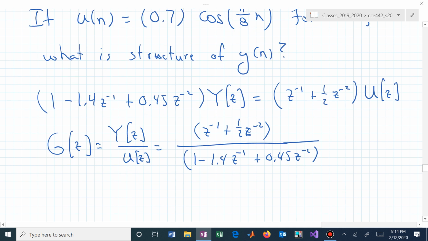And if I wanted those in terms of positive powers of z, I would multiply both numerator and denominator by z squared. Downstairs I have z squared minus 1.4z plus 0.45, and upstairs I have z plus 1/2.